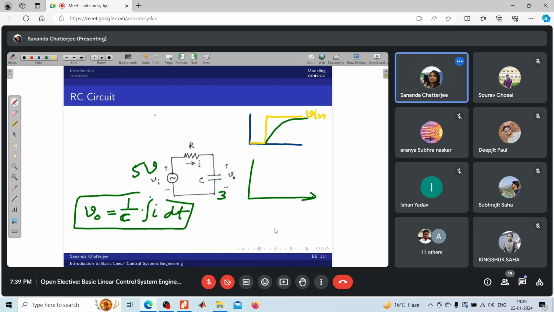So we can write the relationship between Vi and V0 now in this format.